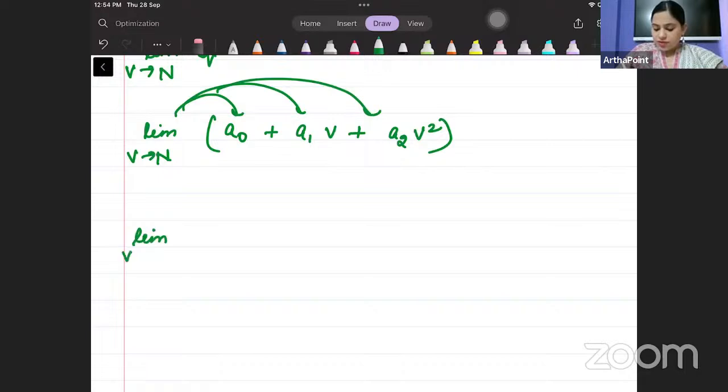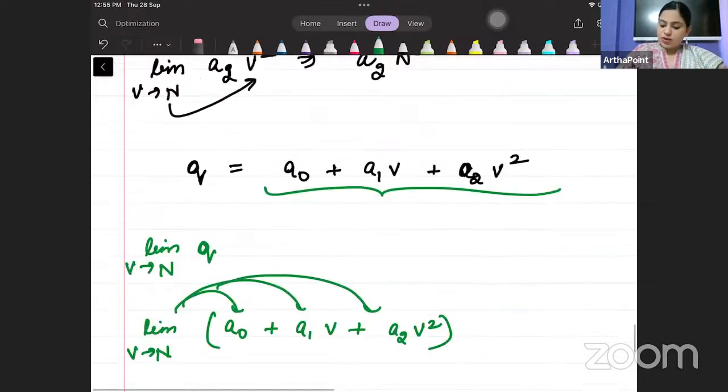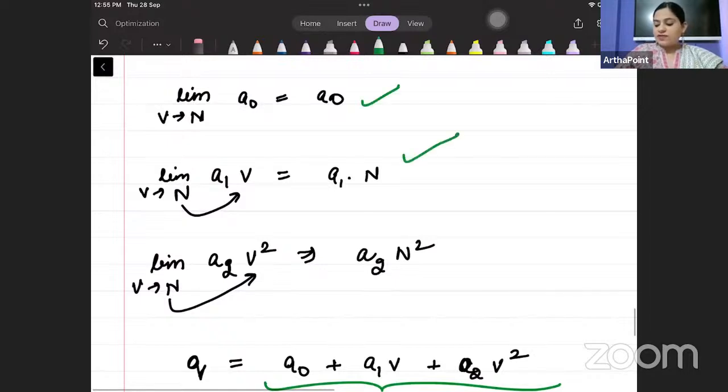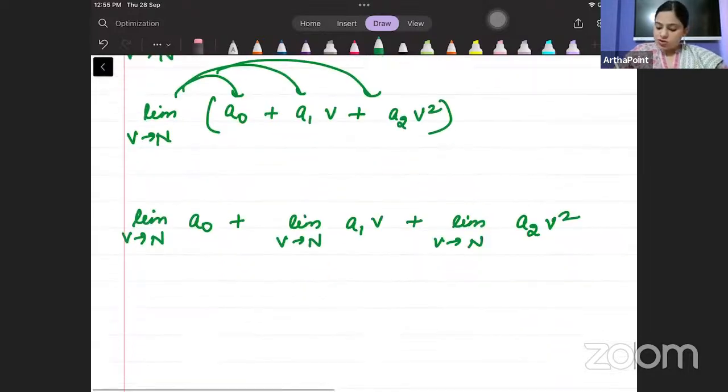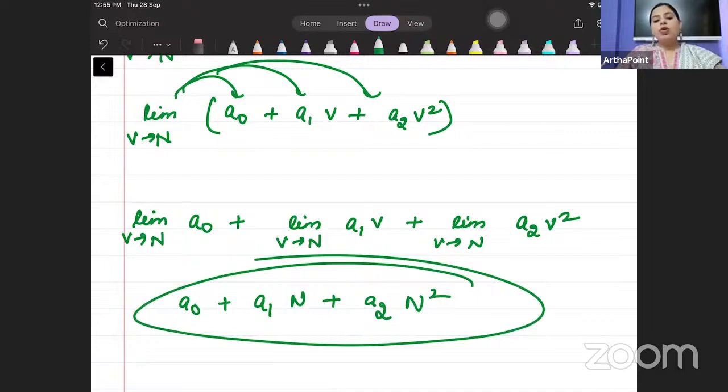So limit v tends to n a naught plus limit v tends to n a1 v plus limit v tends to n a2 v square. And बेटा इसकी values तो मैंने पहले ही सिखा दी है, a naught, a1 n, a2 n square. So this will be a naught plus a1 n plus a2 n square. तो हमें polynomial की भी limit मिल गई. We have been able to get the limit of the polynomial also.